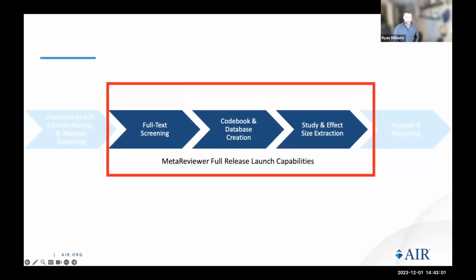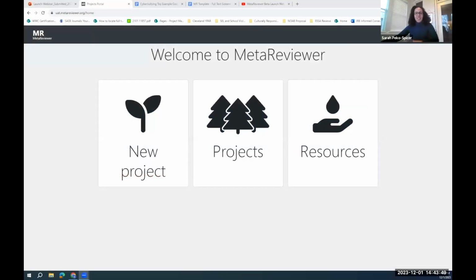So here's where MetaReviewer is in its current evolution. At the earlier launch, we had codebook and database creation functionality, and some study effect size extraction functionality built in. We now have full text screening built into the process, along with some other functions that we'll go through today.